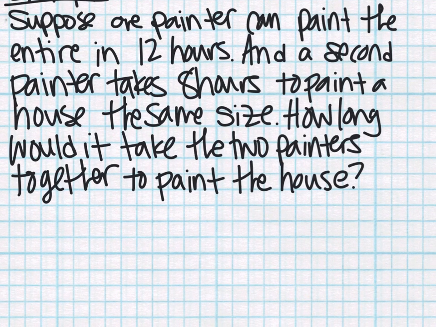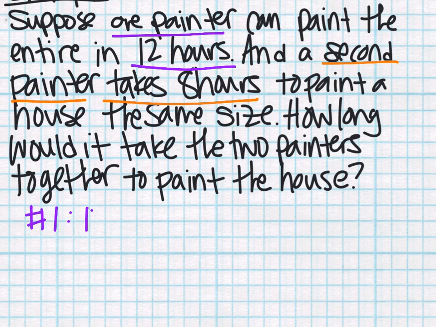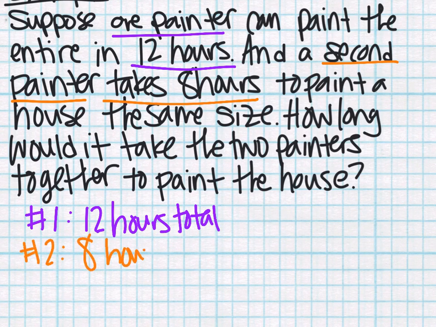So painter number 1 can paint the entire house in 12 hours. Painter number 2 takes 8 hours. So I start thinking, well, painter 1, 12 hours total. Painter number 2, 8 hours total.